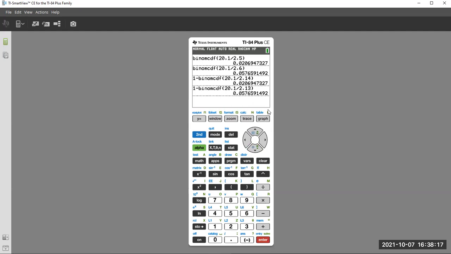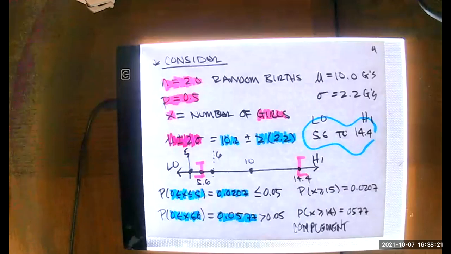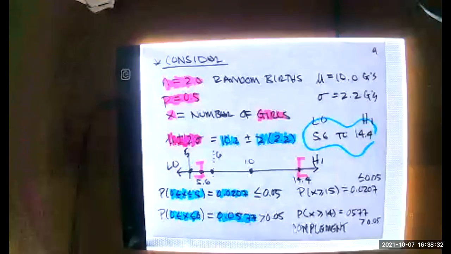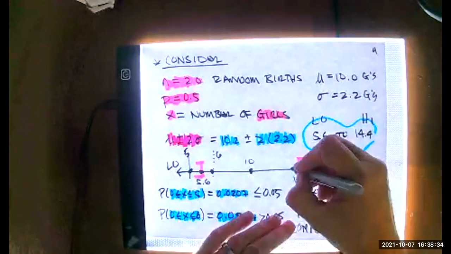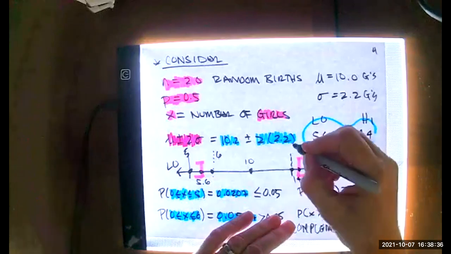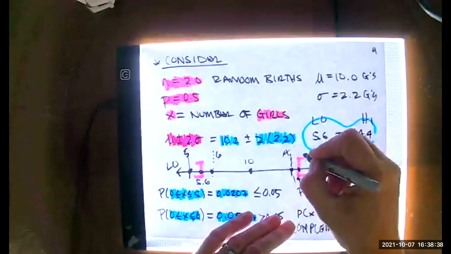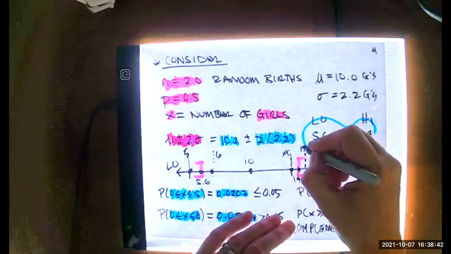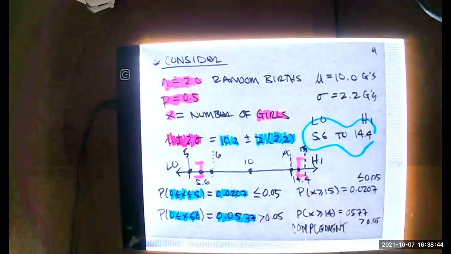Let me stop my sharing, because again, I want to pick that up here. In the first case, we are less than 0.05, and in the second case, we are greater than 0.05 for those probabilities. There's the 14, there's the 15, not 13. There we go.